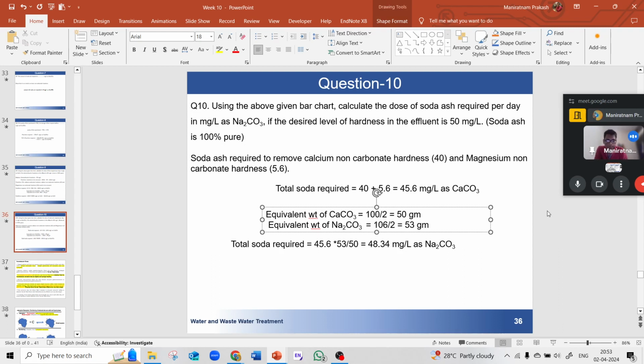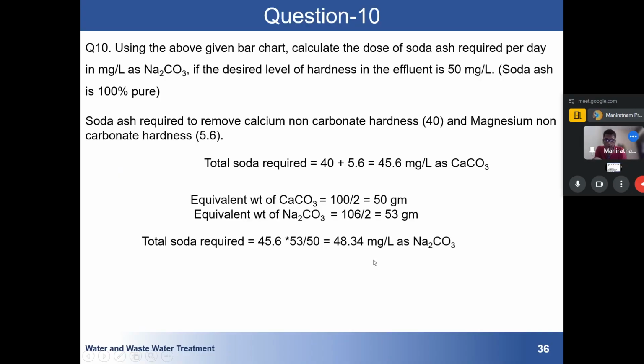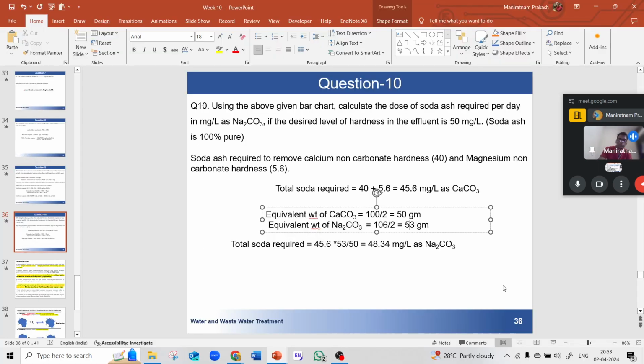Is it clear? So again, I will divide by its equivalent weight, then multiply by its equivalent weight to get the desired soda level. So till now I have discussed all the questions.